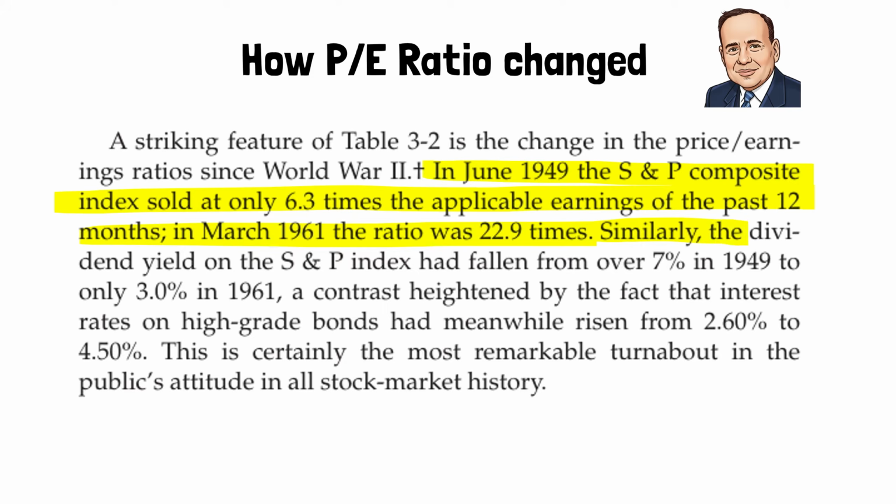Similarly, the dividend yield of the S&P index had fallen from over 7% in 1949 to only 3% in 1961, a contrast heightened by the fact that interest rates on high-grade bonds had meanwhile risen from 2.6% to 4.5%. This is certainly the most remarkable turnabout in the public's attitude in all stock market history.